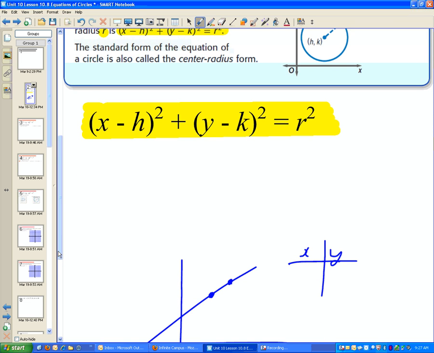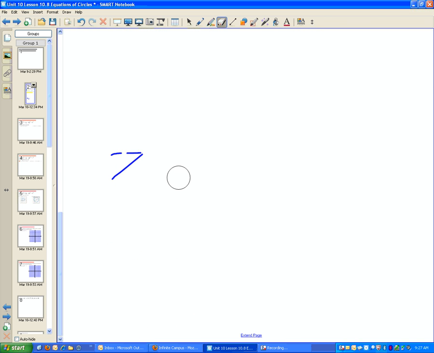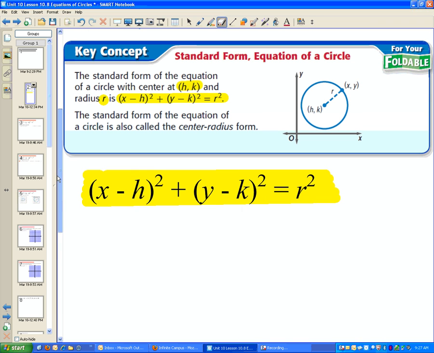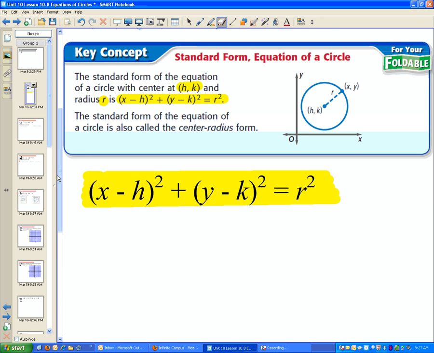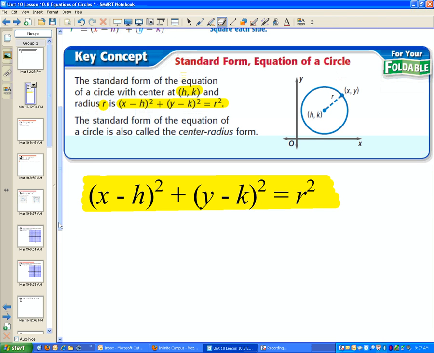And I'll grant you it looks intimidating at first because it's got not only an x and a y, which you probably expected. I mean, lines had x's and y's. But it's also got an h, a k, and an r.